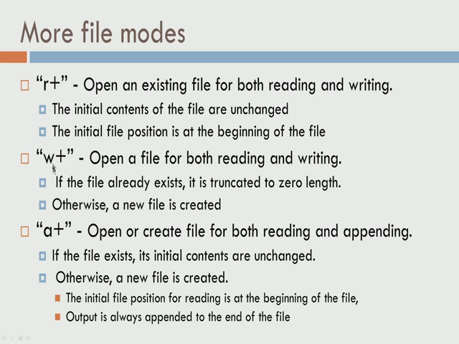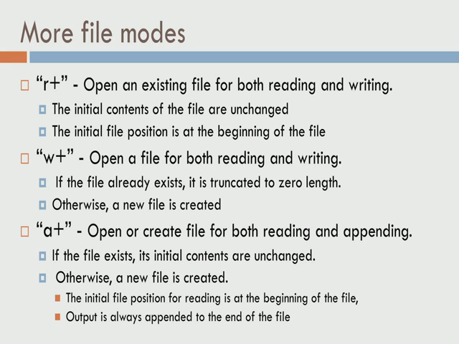Finally, A+ is distinct from W+. This also opens the file for both reading and writing, but if the file exists, its initial contents are unchanged. In that sense, it's similar to R+. Otherwise, it will create a new file. In that sense, it's similar to W+. So these are three other modes in which you can open a file.